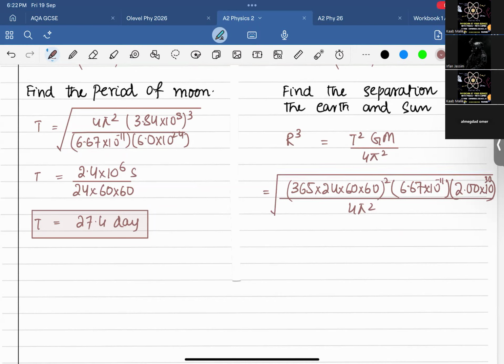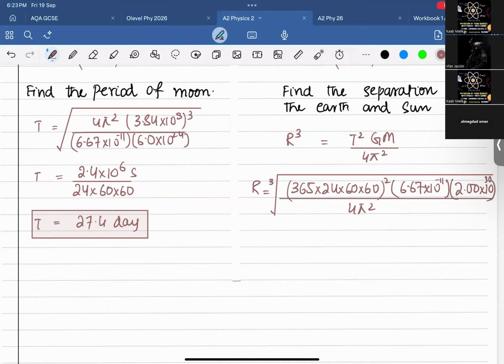This gives you your r. How much? 5.8 times 10 to the power 16.